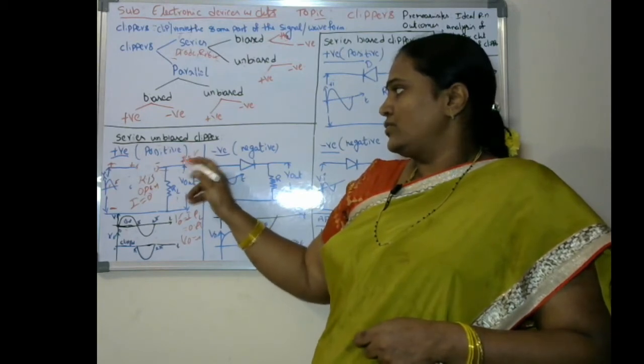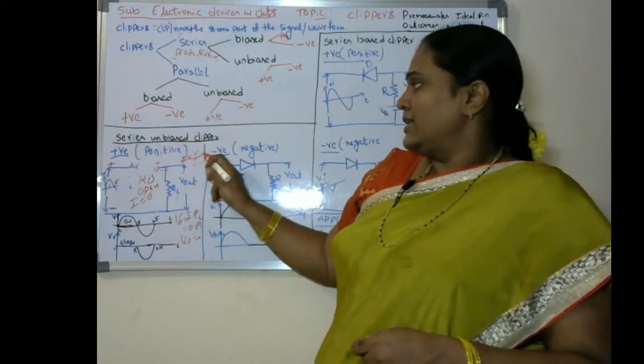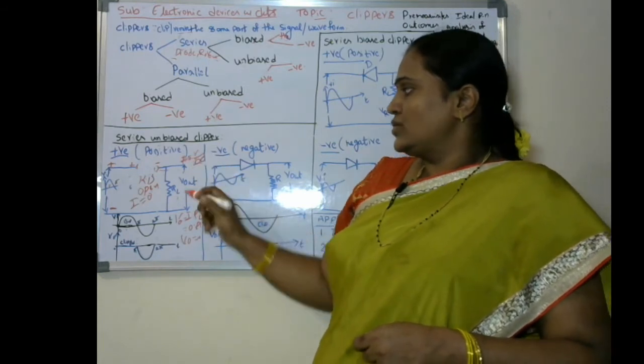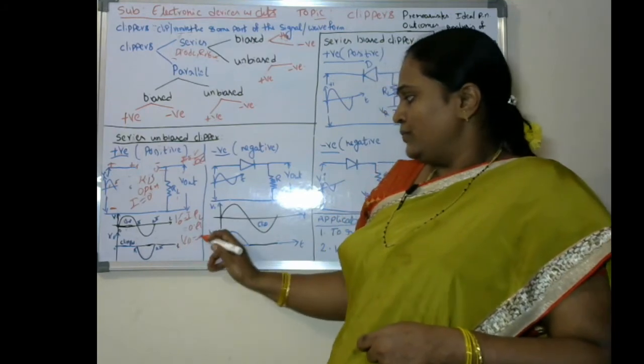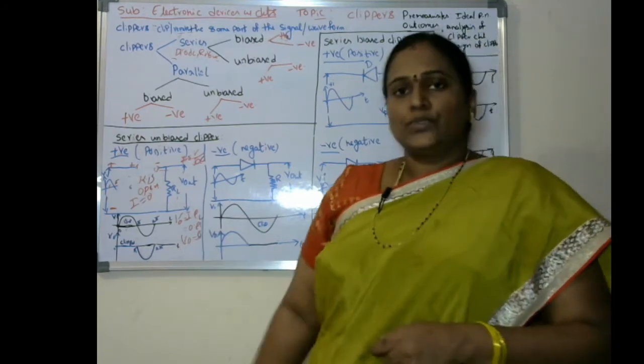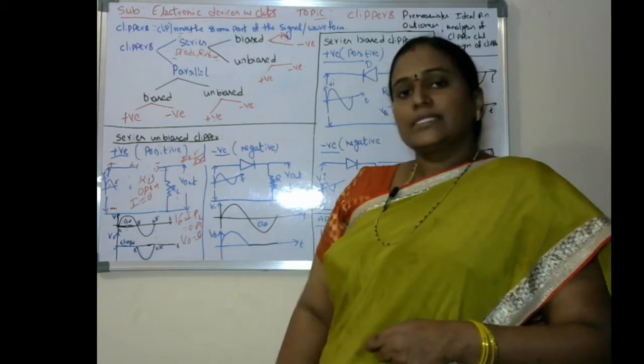If R goes to infinite, the current goes to 0. So the current is 0, and V0 will be equal to 0. So no output comes in this case.